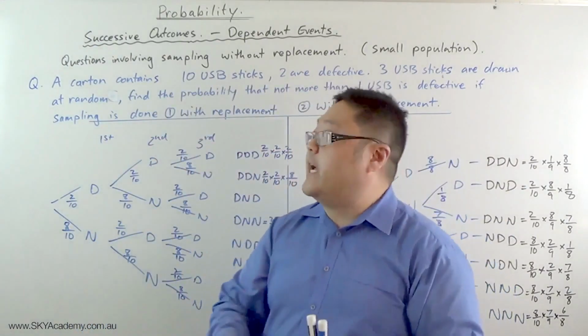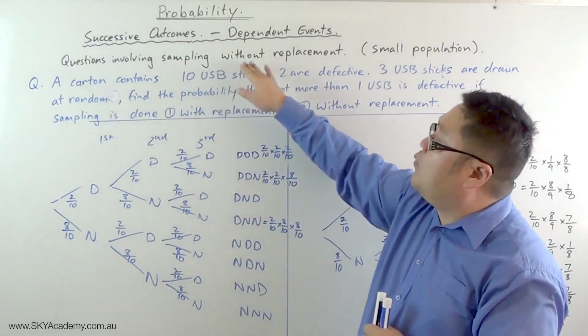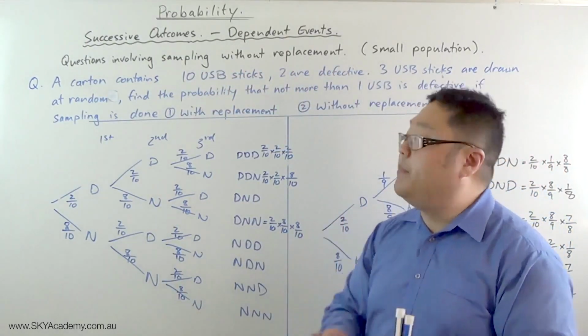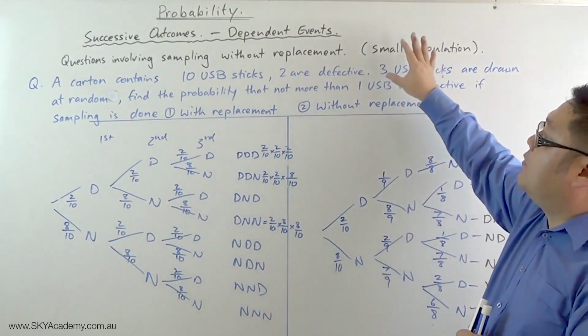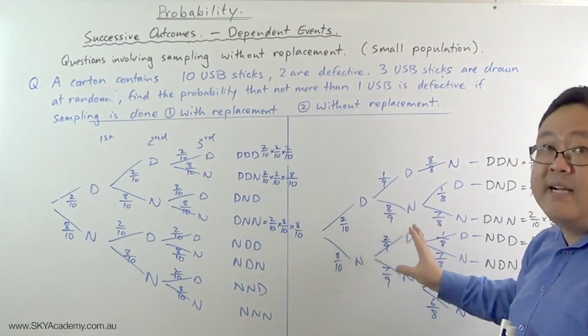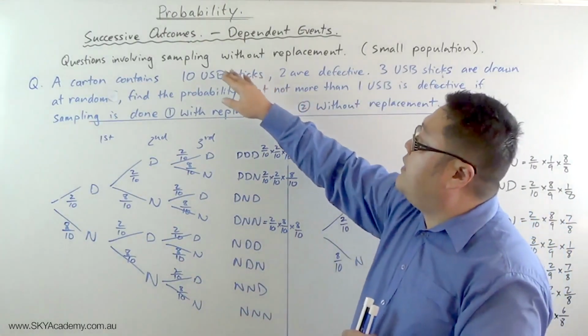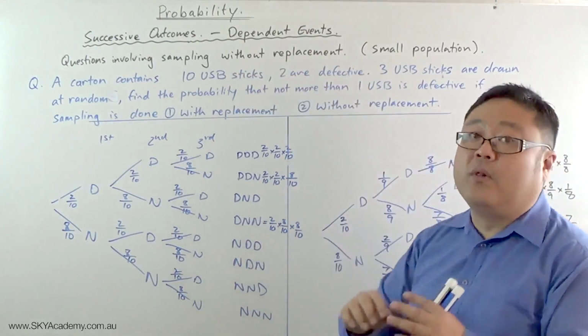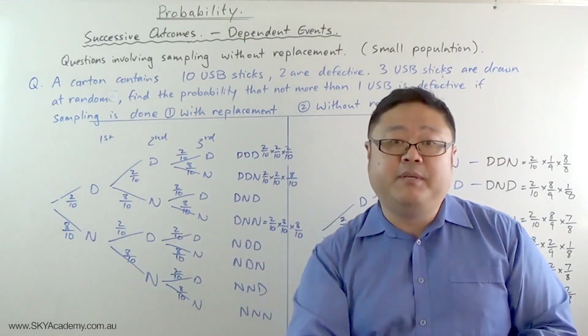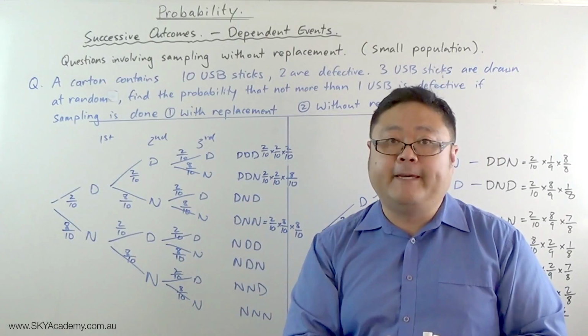I also want to say that when it comes to sampling without replacement, there are 2 types of examples. The first type of example is without replacement for a small population, which is what we've just done. And there's sampling without replacement for large populations, right? Which is what we're going to be doing next. Okay?